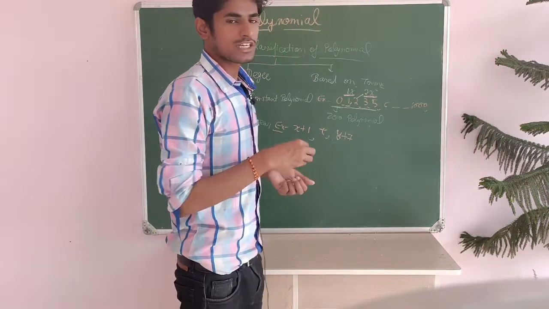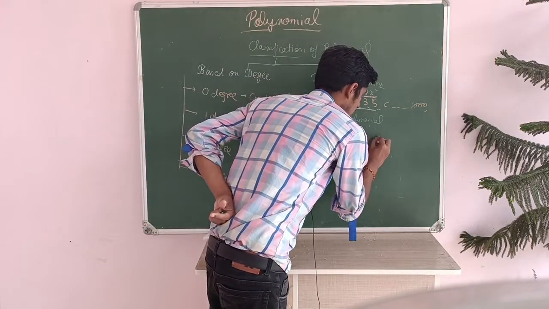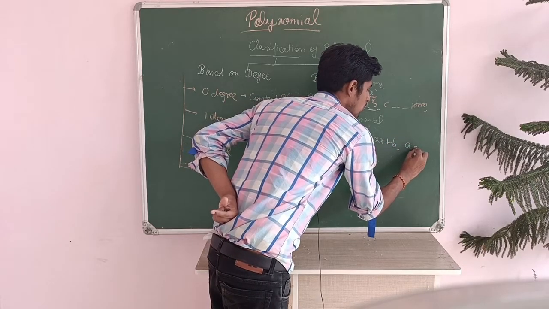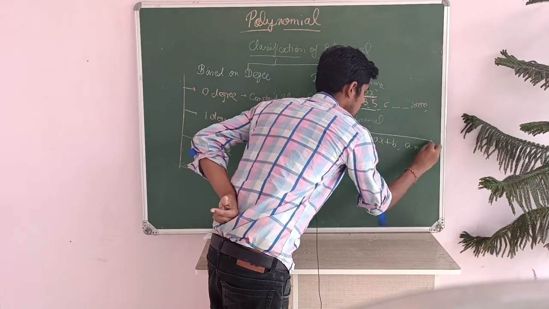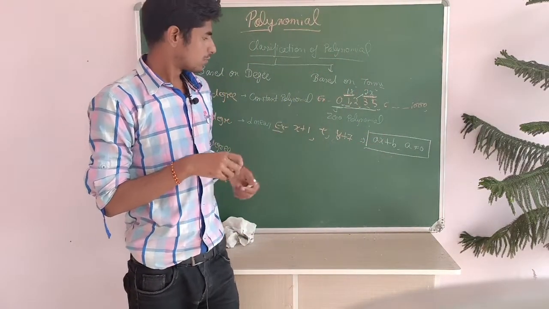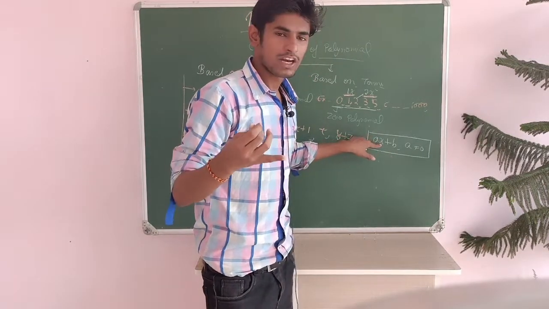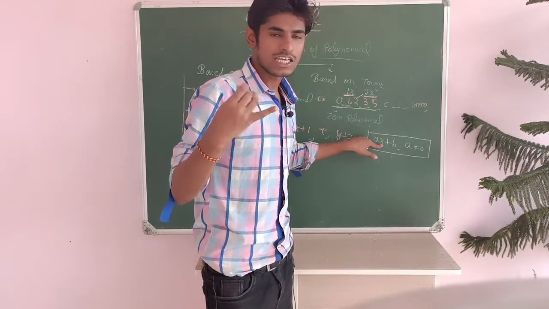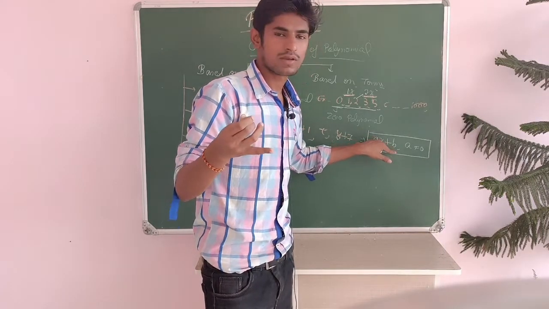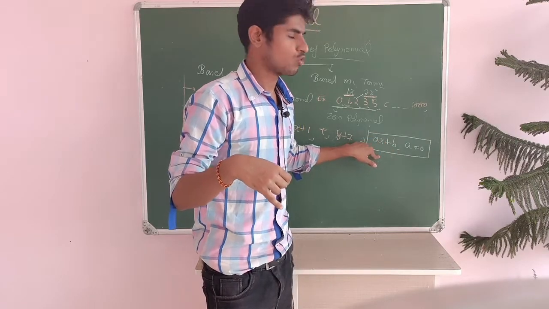The general form of a linear polynomial is ax plus b, where a is not equal to 0. Here the highest power of the variable x is 1, degree is 1, so it is a linear polynomial.